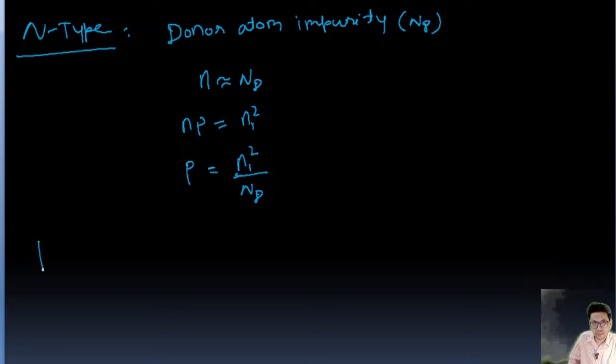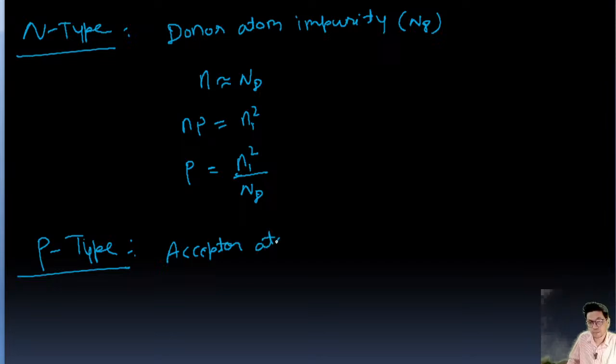And for P type, these are acceptor atom impurities.